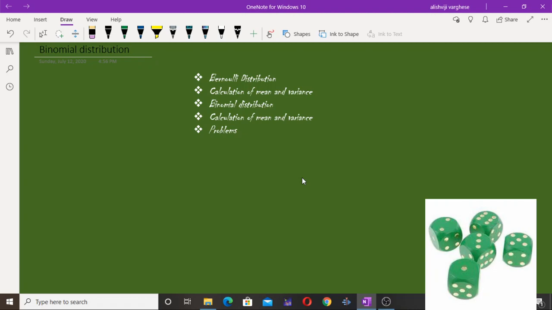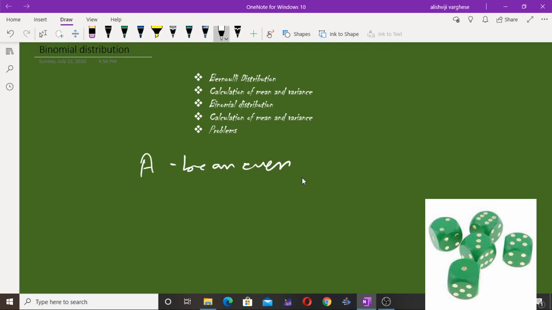So, if you consider a particular random experiment in which we have only two possible outcomes, or if we come across a random experiment in which we are looking for the occurrence and non-occurrence of a particular event, then let A be an event, and we are checking whether this particular event A has occurred or not.